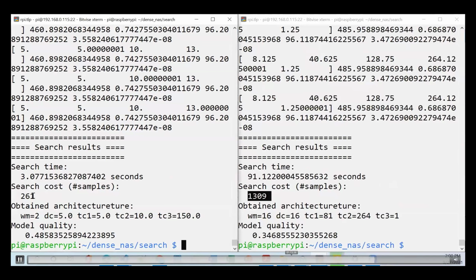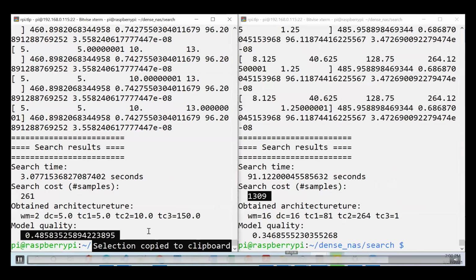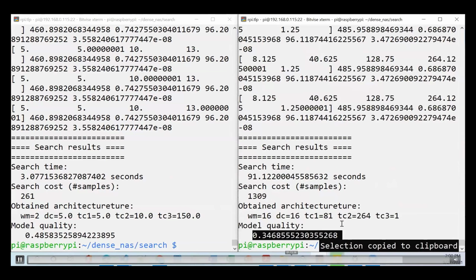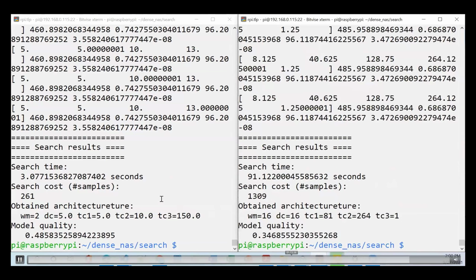Also, the search cost is much less than the original algorithm. And finally, our model quality is better than the one-level search. To conclude, our network runs directly on the SUI. To the best of our knowledge, this is the first work to run directly on the typical SUI.